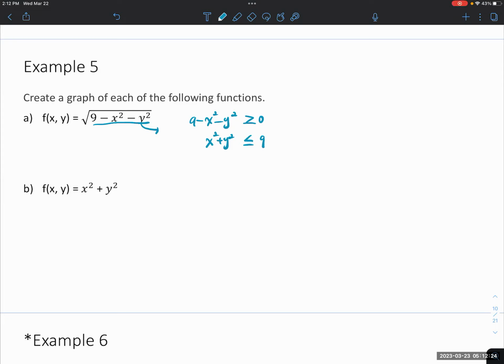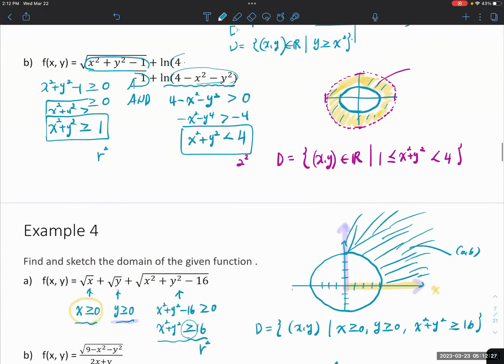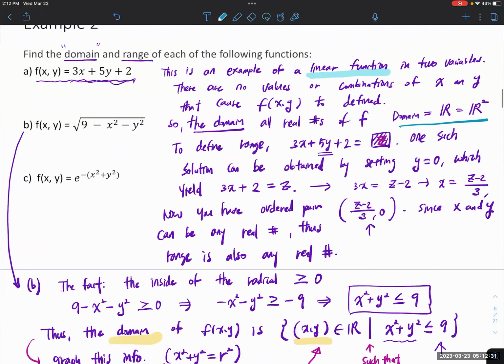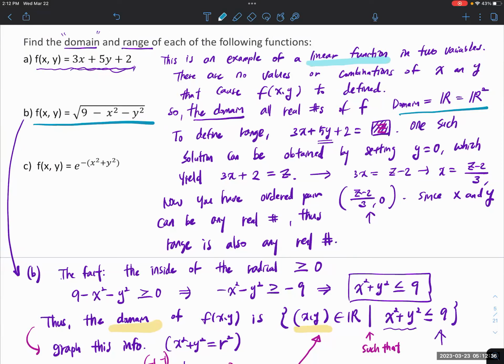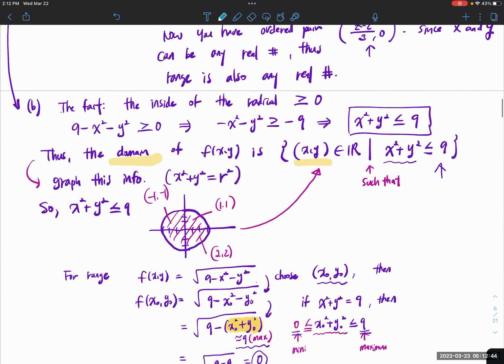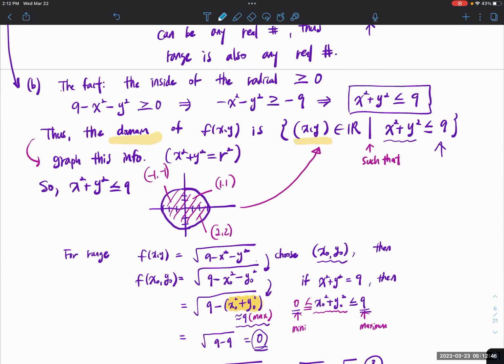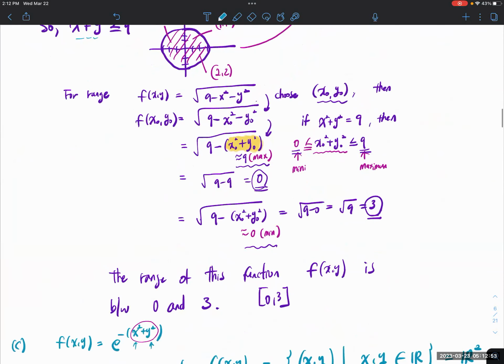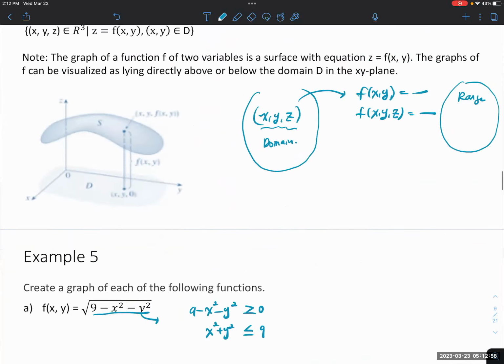So we talked about this one. If I go up a little bit, where is that question? Right there, letter B. We have the same question. So we know that the domain is... oh yeah, here. The domain is any numbers such that when you add them up, the sum is less than or equal to 9. So that was the domain. And we talked about the range being 0 to 3, right? But now I want to think about it in three-dimensional space.